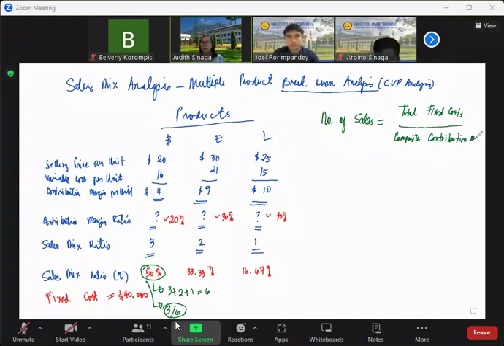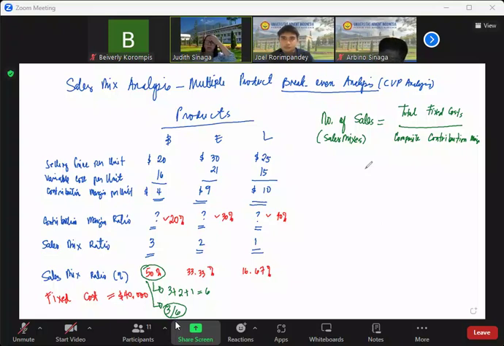The number of sales is known as the sales mix.